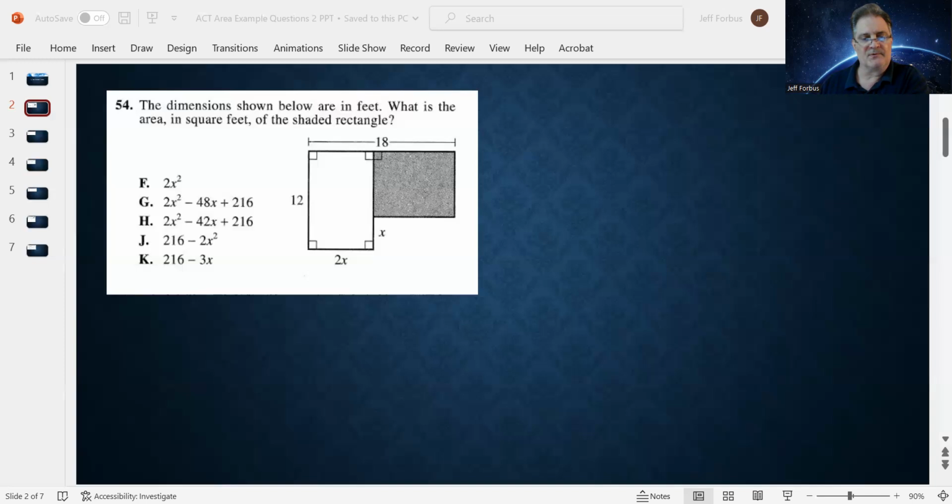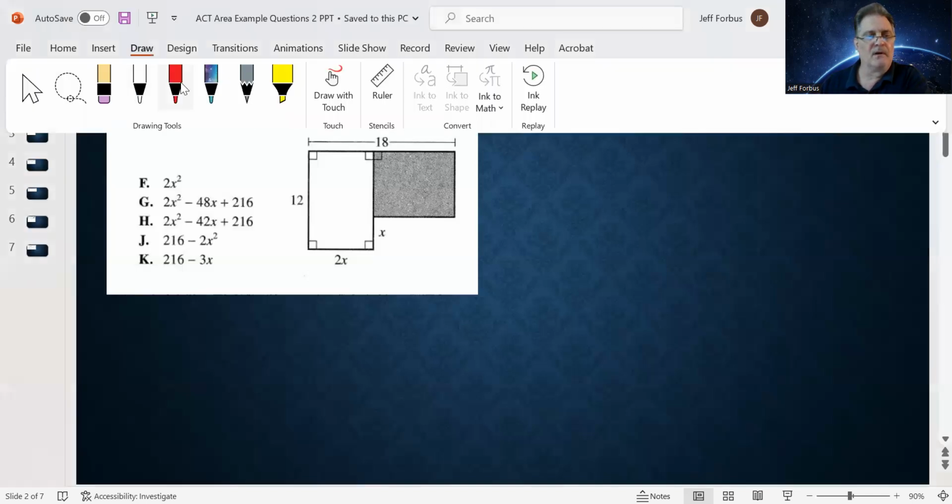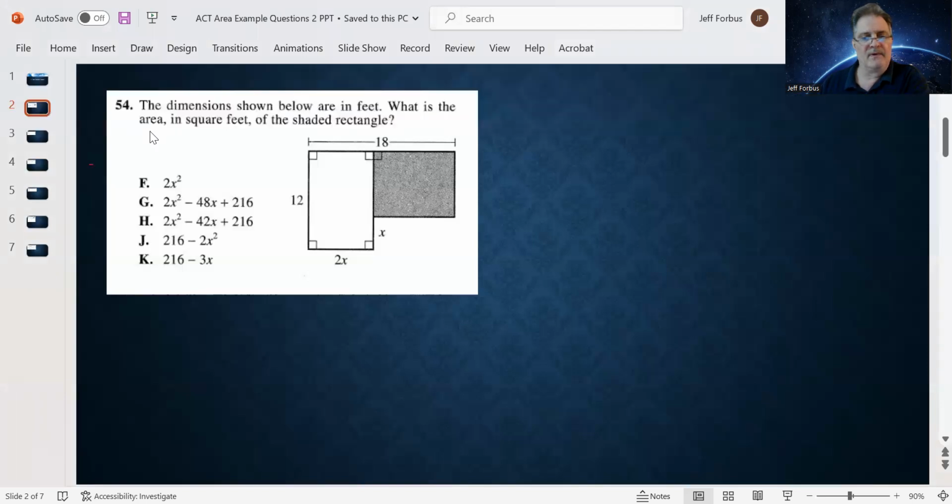If we were to subtract that side 2x out, if we were to remove this 2x out here, that would give us this amount. And that would create an expression of 18 minus 2x. That's going to represent this portion here of that rectangle.